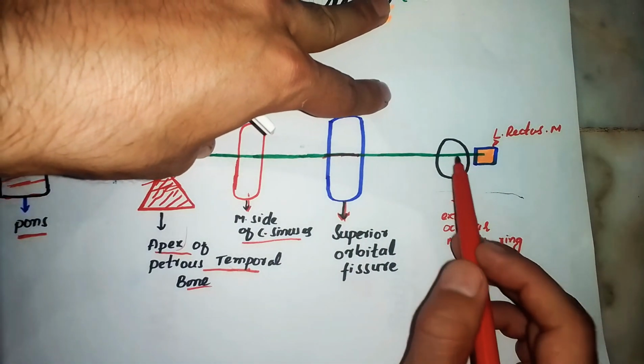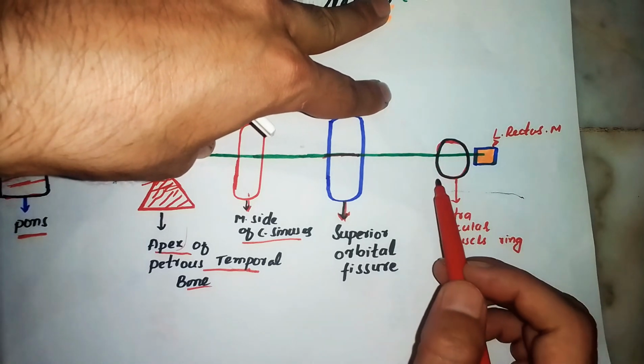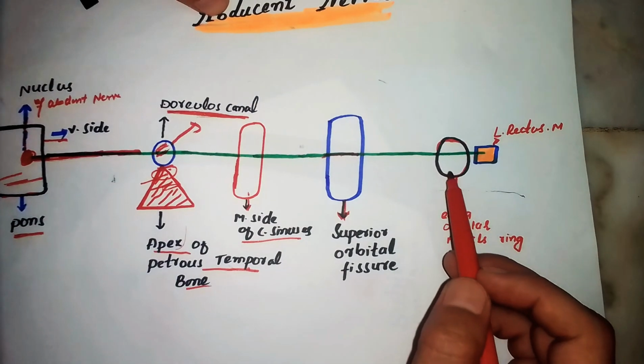In the orbit of the eye, extraocular muscles are present, which help in the movement of the eyeball.